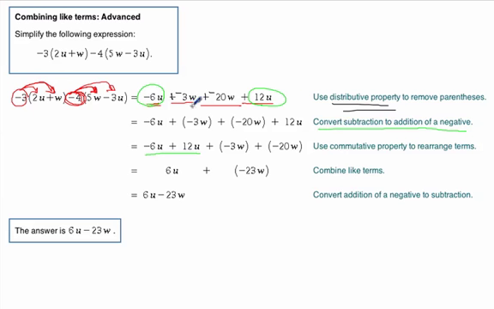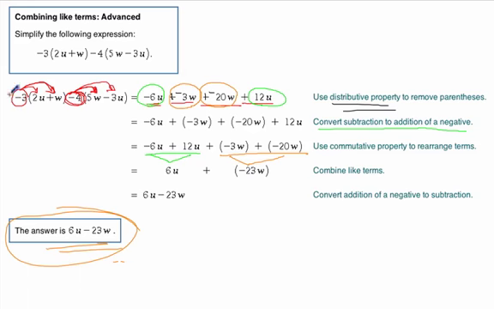We see that we've got the negative 3w and plus a negative 20w. That's what they've done here. Combining those, we know that the negative 6u and the positive 12u makes a positive 6u. The negative 3w plus another negative 20w makes a negative 23w, and there's our final answer.